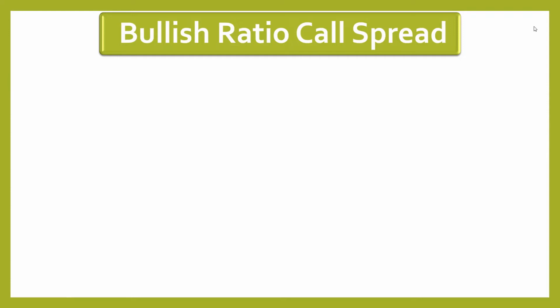Let us understand more details. What is a ratio spread? When you say ratio spread, the number of options bought and the number of options sold are not equal. Maybe you sell more options and buy fewer, or you sell fewer options and buy more.